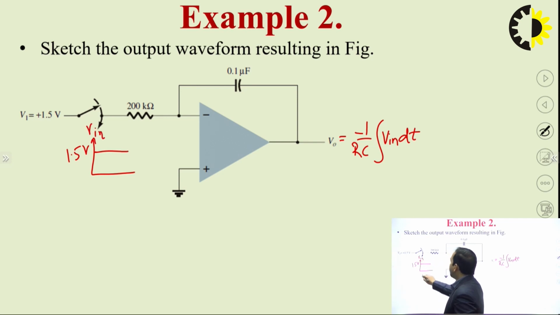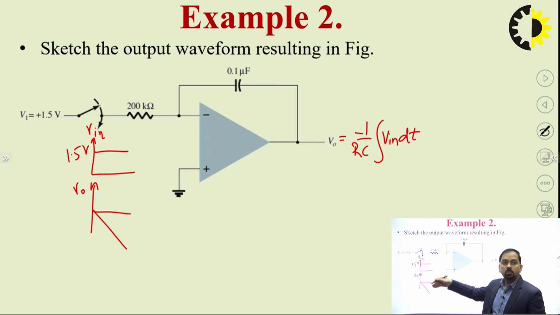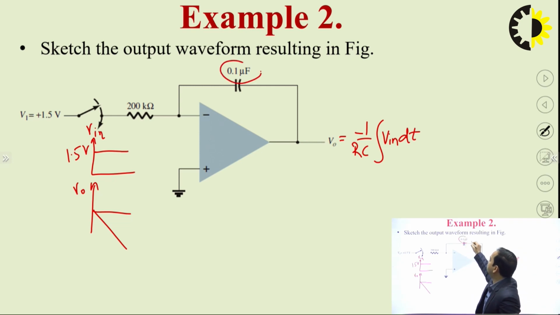Accordingly we can plot the output signal also. If the input is positive, definitely the output will be negative. Since it is a constant value, the output will be a ramp type of signal going in the downward direction. So we just need to put in the values of C and R.